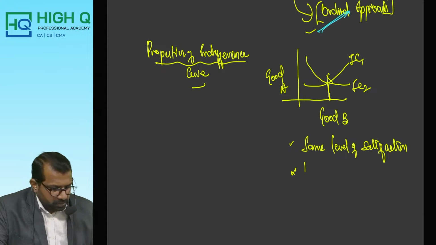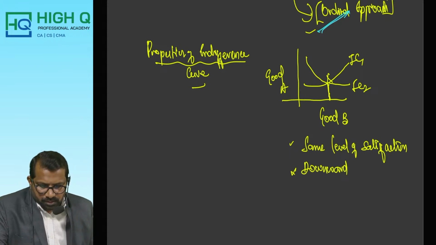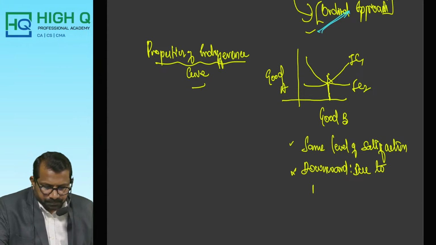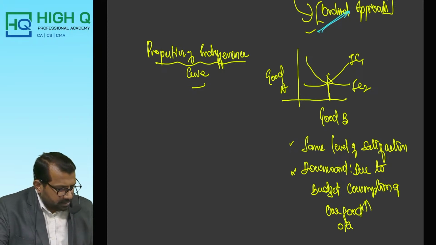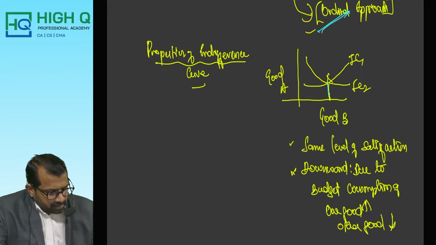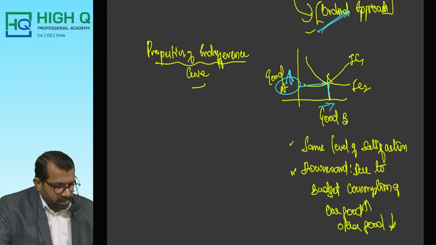Point number two, the curve is downward sloping due to the budget: as consumption of one good increases, the other good decreases. Good A increases, and good B starts to decrease.